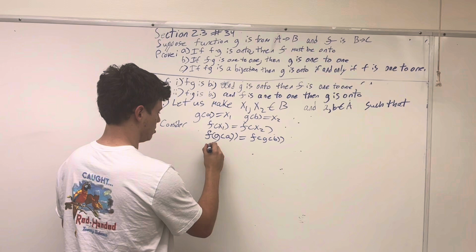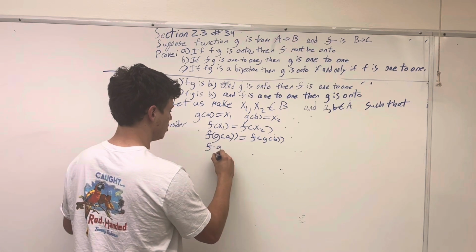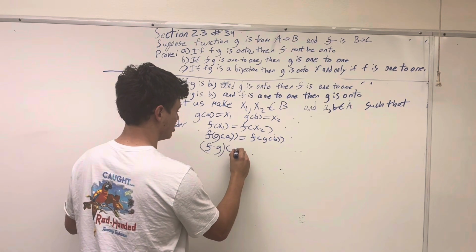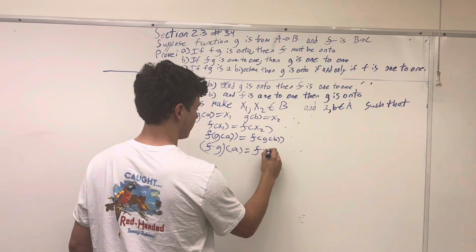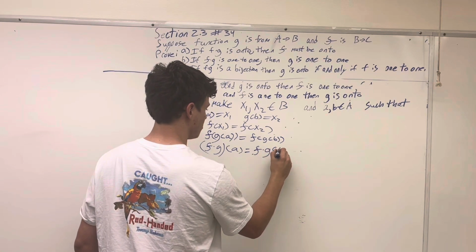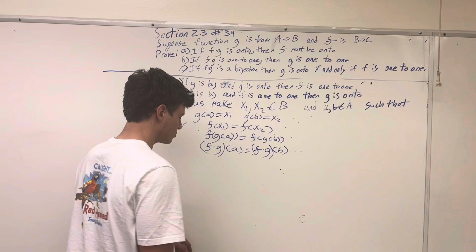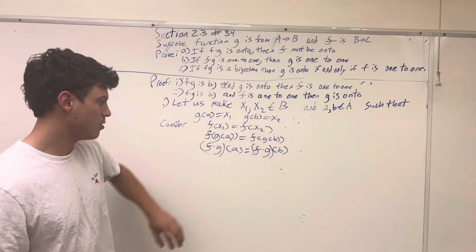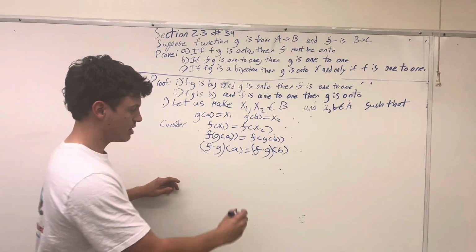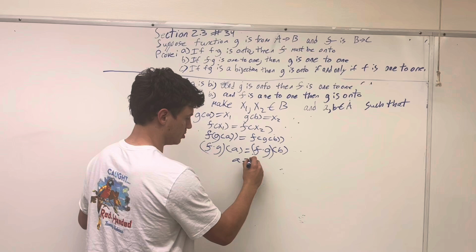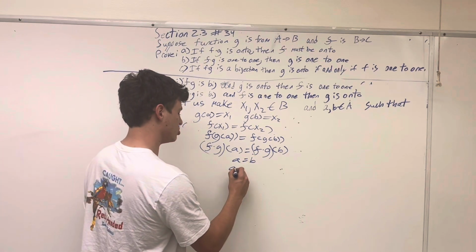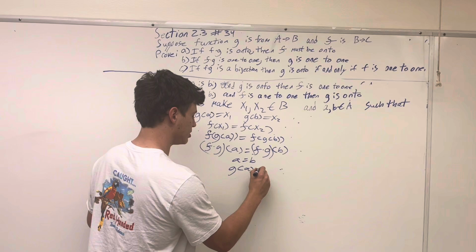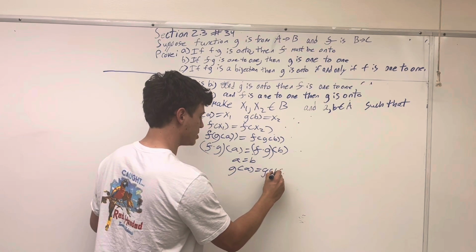And let's move this out. So we get f composed with g of a is equal to f composed with g of b. Thus, we know since it's a bijection, then a is equal to b. And if a is equal to b, we know that g of a is equal to g of b.